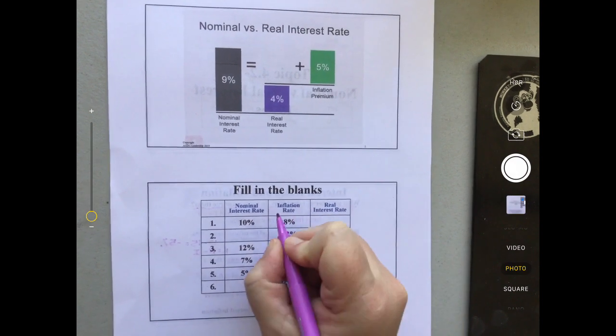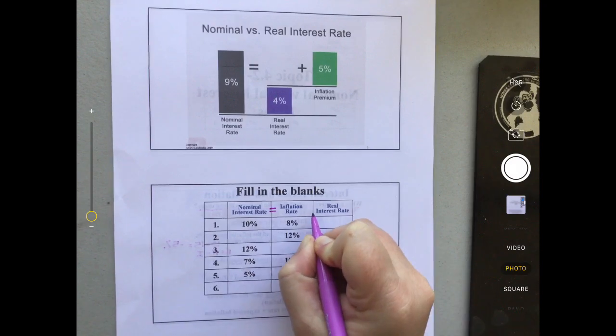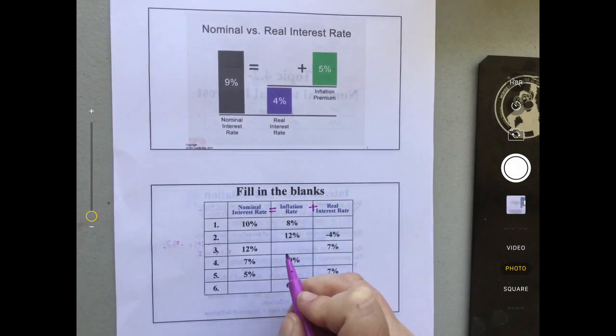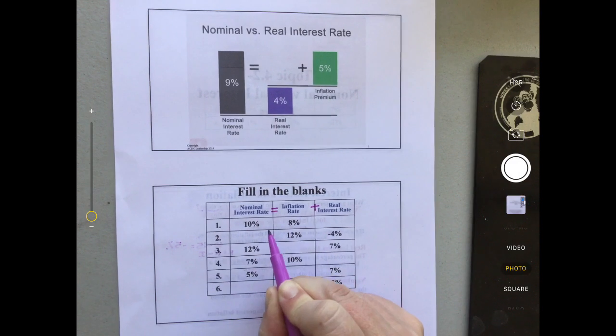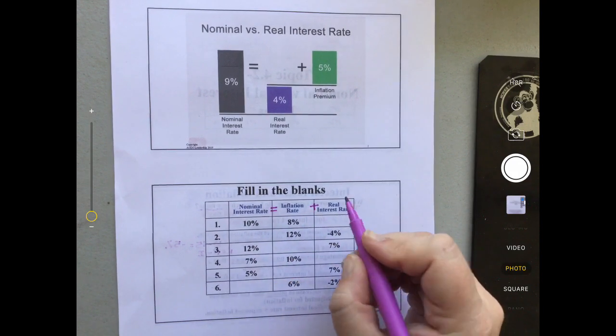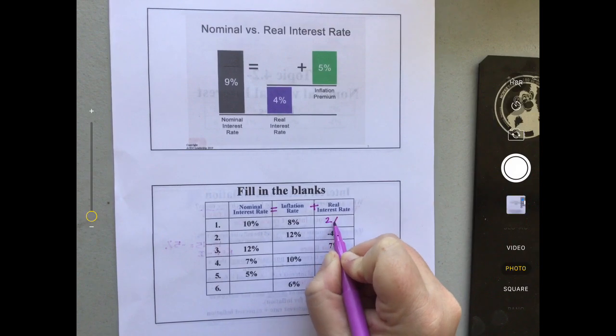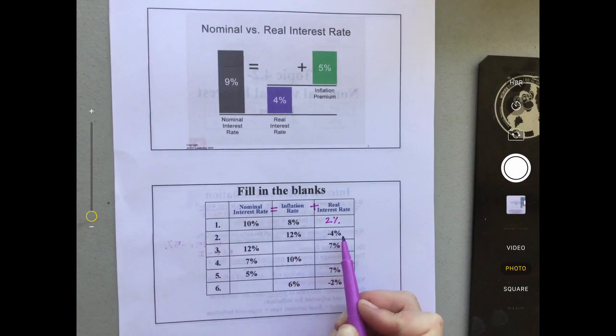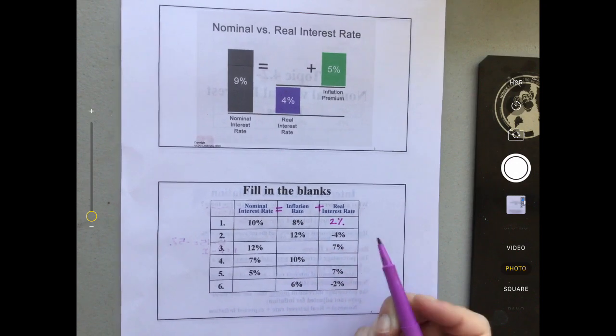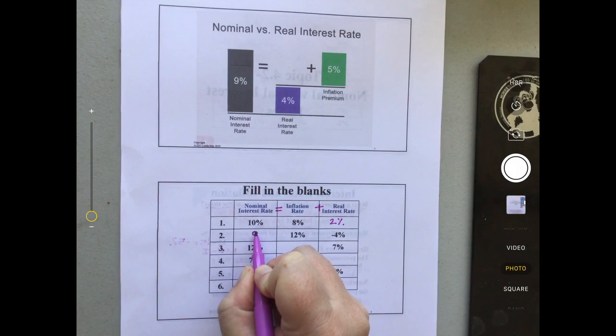So nominal has to equal the inflation rate plus the real interest rate. So here I say 8 plus what is going to equal 10%, and that is simply 2%. Next, we have 12 plus a negative 4 is going to equal the nominal interest rate. That is 8%.